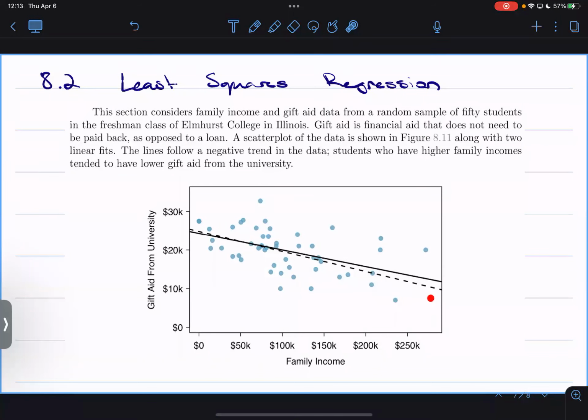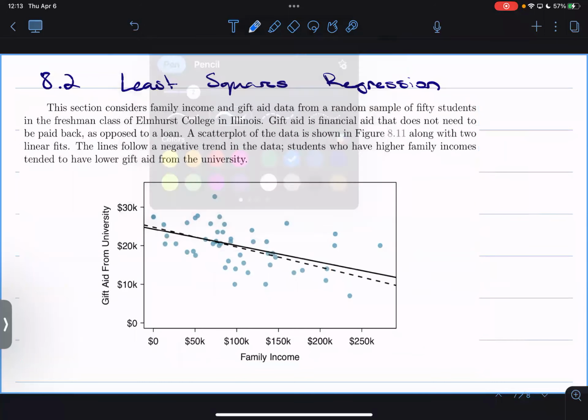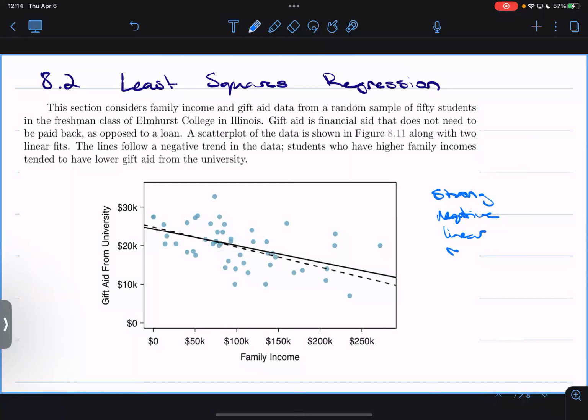And so we have a strong negative linear relationship, right? So let's start there. Start with what we know. So here I'm going to say we have a strong negative linear relationship.